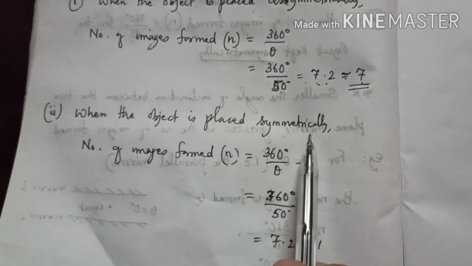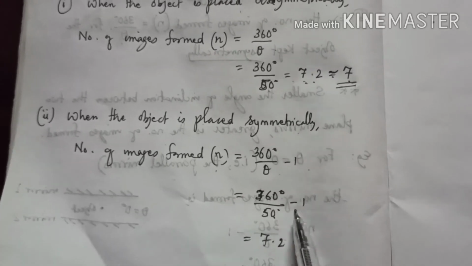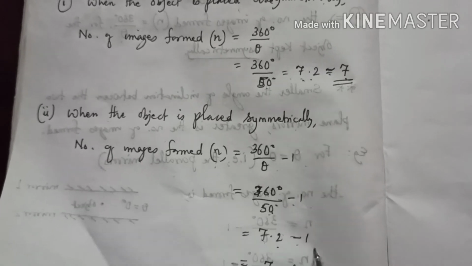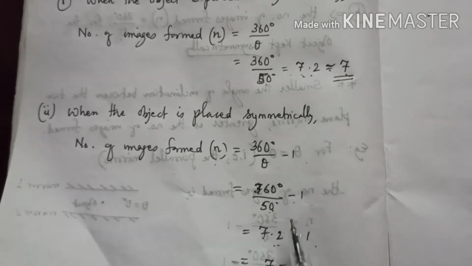The second one is when the object is placed symmetrically, then the number of images formed is given by the formula 360 by theta minus 1. So theta here is 50 degree, minus 1. So 360 by 50 degree is 7.2 minus 1. But this we take as 7, because this quantity 360 by theta cannot be a fraction or decimal.